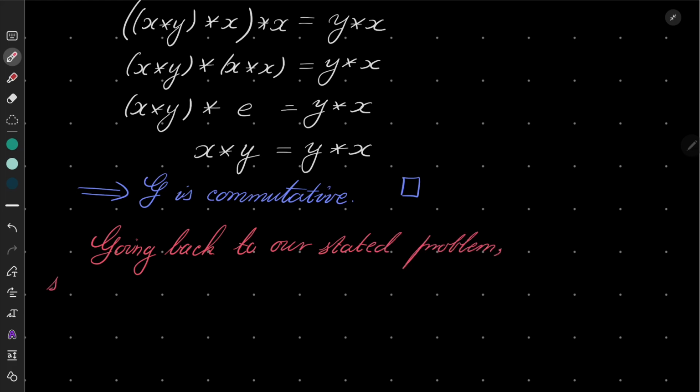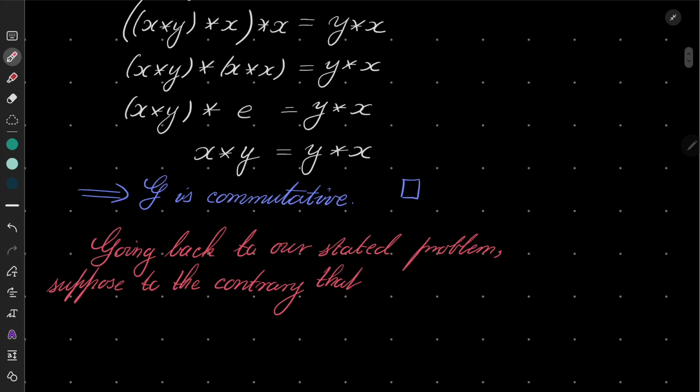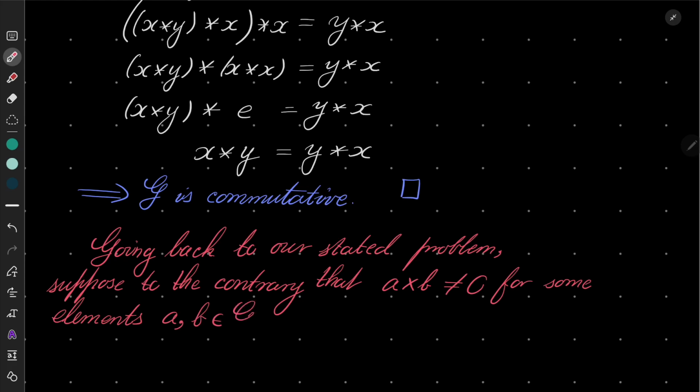Suppose to the contrary, let's suppose to the contrary that a cross b is not zero for some elements a and b in our group.